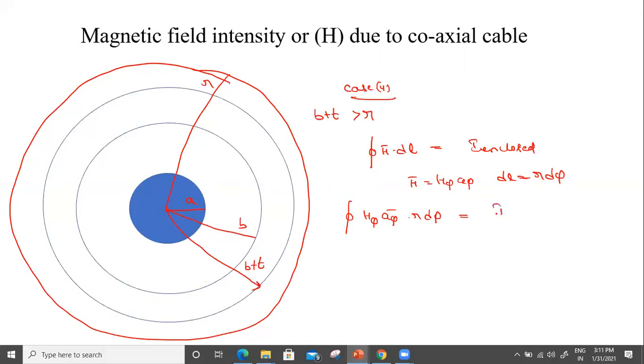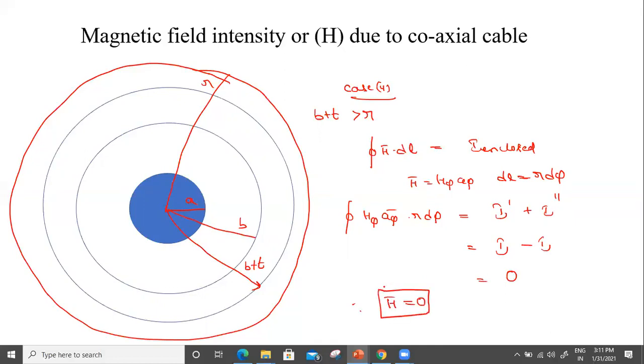So it may be written as I dash plus I double dash, because I dash indicates the inner conductor current and I double dash indicates the outer conductor current. Already we know that the inner conductor carries current outwards, the outer conductor carries current inwards. Outward current is always plus direction, inward current is always minus direction. So I minus I, it will be 0. So finally the magnetic field intensity for this case is 0.